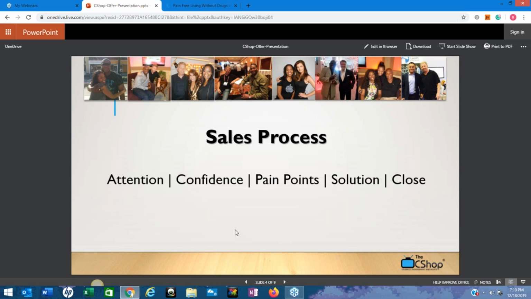But in the sales process, these steps work one after the next, and they have to be employed to be able to close a lot of people. So first step, grab their attention. Second step, build confidence. Third step, identify their pain point. What's driving them to want to do something about either their life, their body, what they want to do.